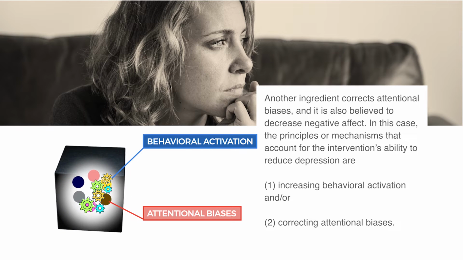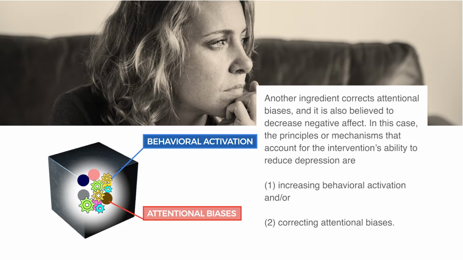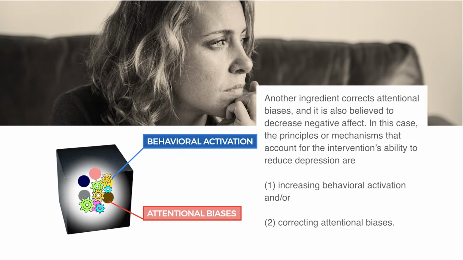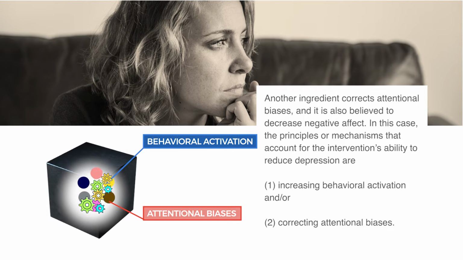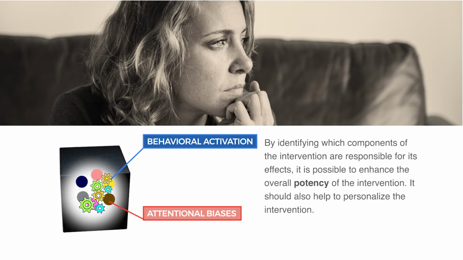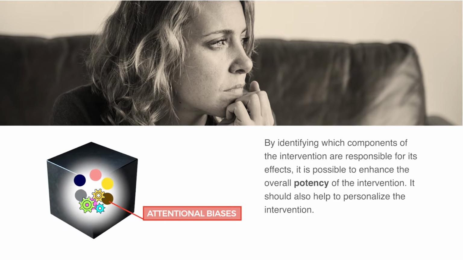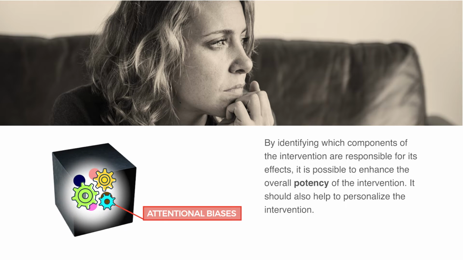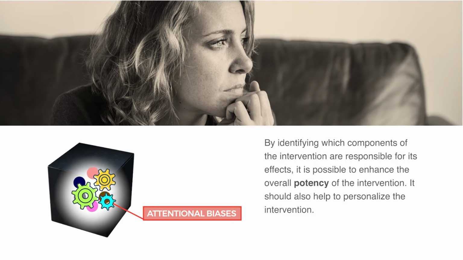In this case, the principles or mechanisms that account for the intervention's ability to reduce depression are 1. Increasing behavioral activation, and/or 2. Correcting attentional biases. By identifying which components of the intervention are responsible for its effects, it is possible to enhance the overall potency of the intervention. It should also help to personalize the intervention.